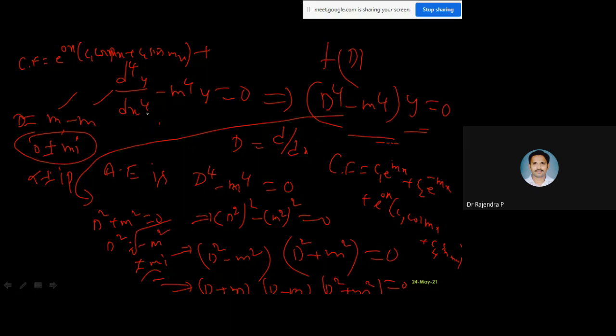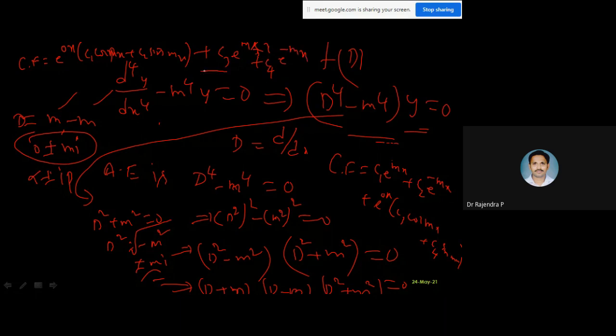Once you write those roots, the remaining 2 roots are distinct roots. I can take another arbitrary constant, C3 e power mx plus C4 e power minus mx.